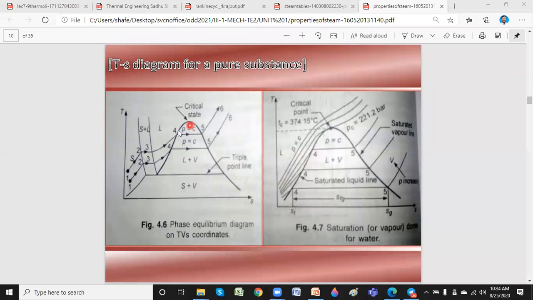G indicates dry, F indicates fluid, FG is the wet region in between. Now 5 to 6, what you see here is the superheated region. In this lecture I'll tell you how to take the properties of superheated steam. Then we'll discuss the basic vapor cycle.